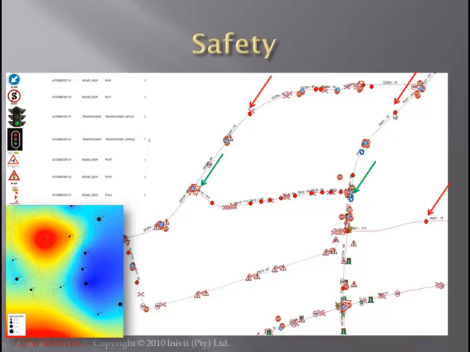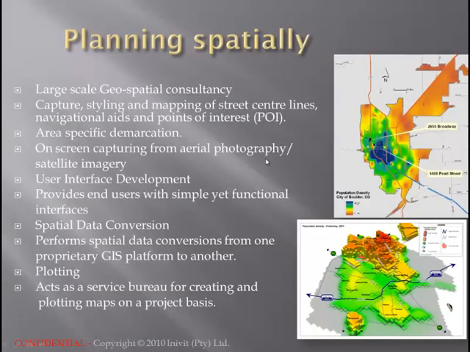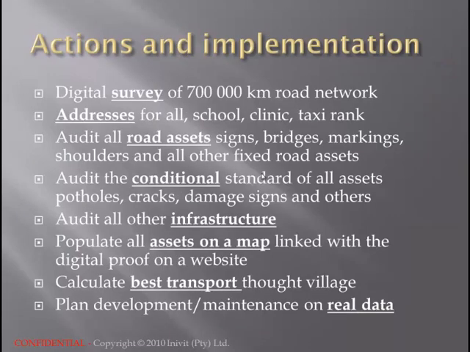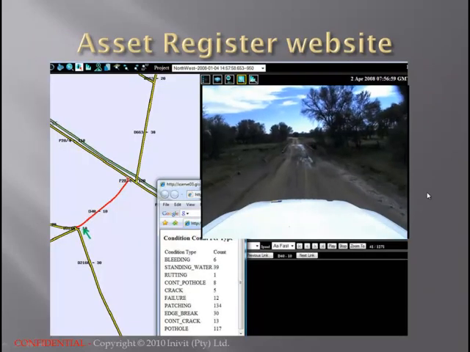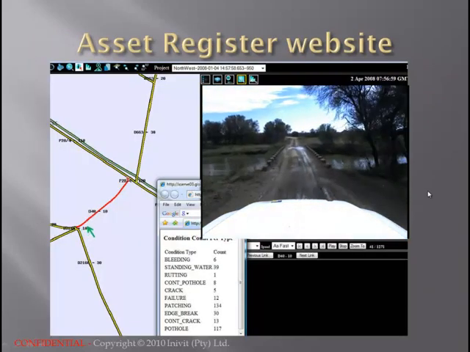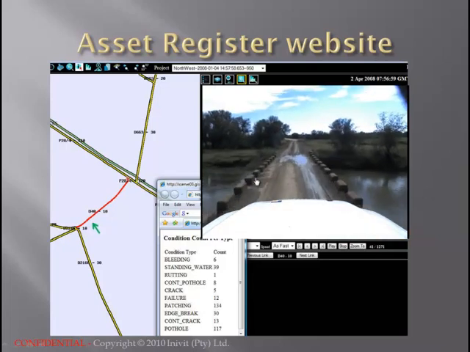on signage. We can see that this intersection has no sign surrounding it, and therefore it's an unsafe intersection, and we know precisely the location and what needs to be done. Planning spatially is what we preach. We have the ability to audit massive amounts of road kilometers and infrastructure.